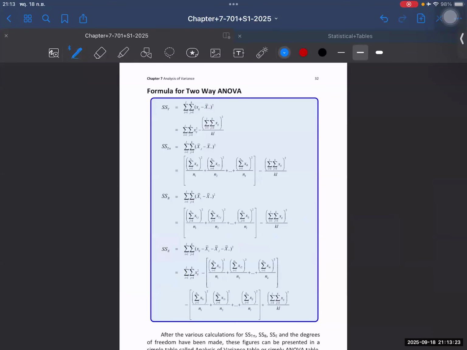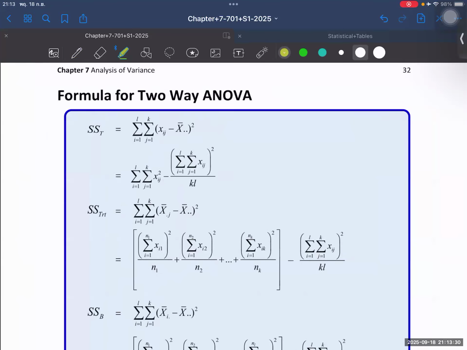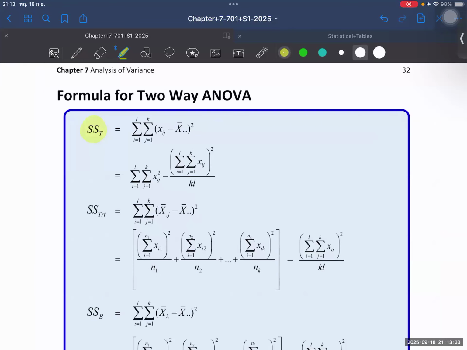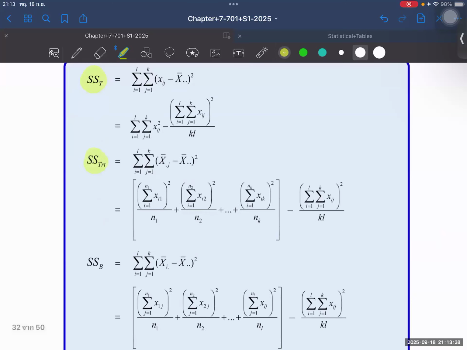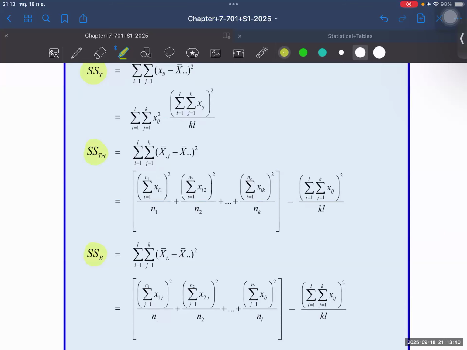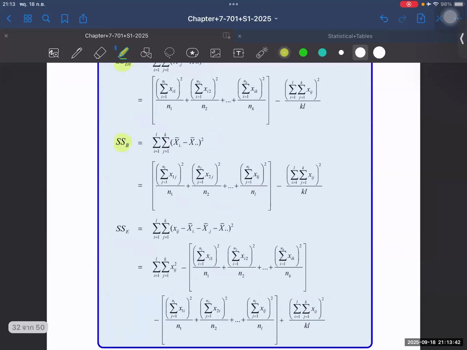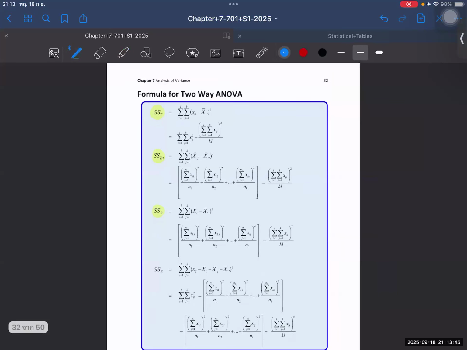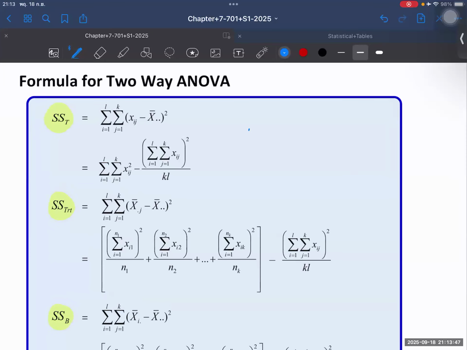Okay, same thing. I want you to mention the sum square of the total again, the sum square of the treatment, and the sum square of the block that we want to calculate. And you can apply the relation of this formula. So you understand that the sum square total is equal to the sum square of the treatment plus the sum square of the block plus the sum square of the error.